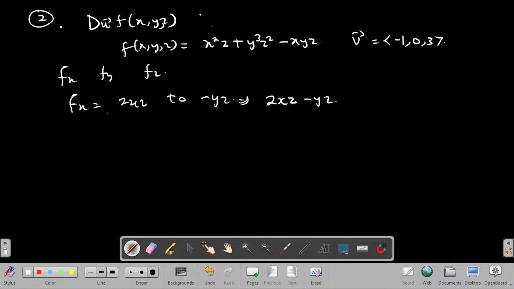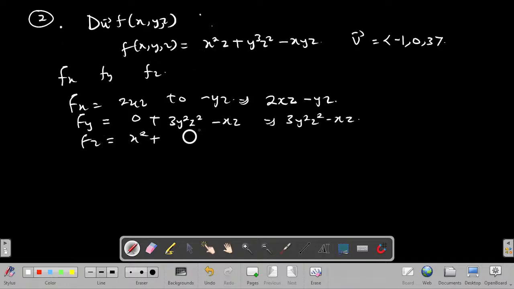Our fy, differentiating with respect to y, is 0, plus 3y squared z squared, minus xz. So the answer is 3y squared z squared minus xz. Then finally fz, you get x squared plus 2y cubed z, then minus xy.